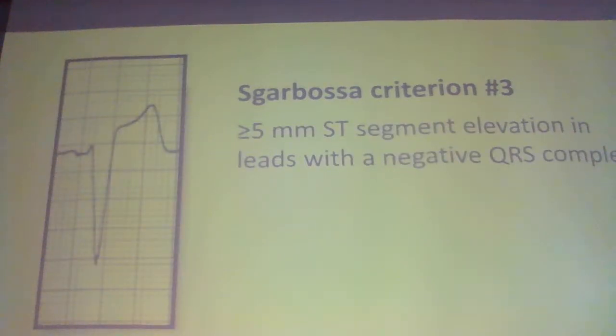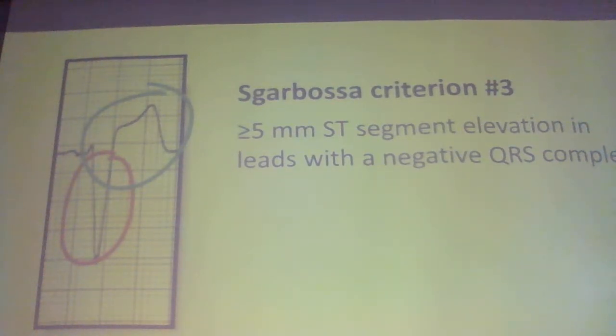The third and final Scarbossa criterion is a little different. Rather than looking for concordance, what we're looking for is extreme discordance. What we're looking at are negative QRS complexes, and we're looking at the amount of ST segment elevation in those leads. Now, normally we'd expect to see some ST segment elevation following a negative QRS complex.